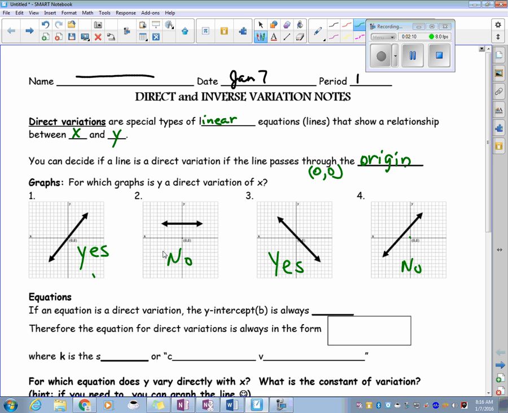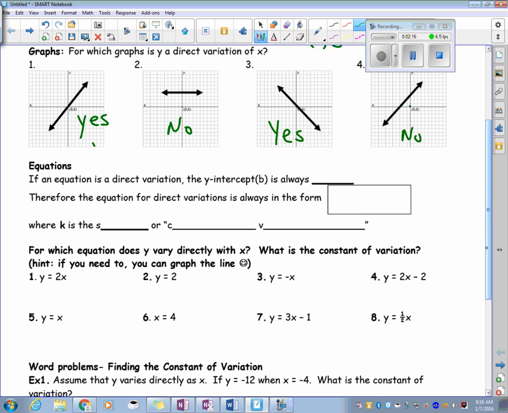So if it does not pass through the origin, it cannot be a direct variation. Let's look at the equations of these. If the equation is a direct variation, the y-intercept, b, is always 0. In other words, if you have y equals something times x plus b, b is always 0. Therefore, the equation for direct variation is always y equals kx.